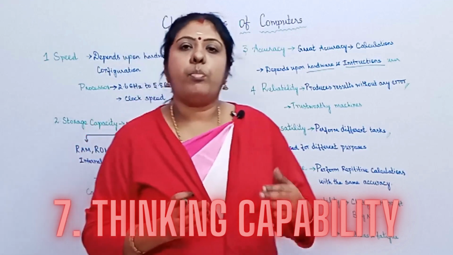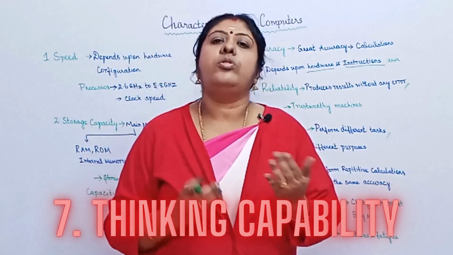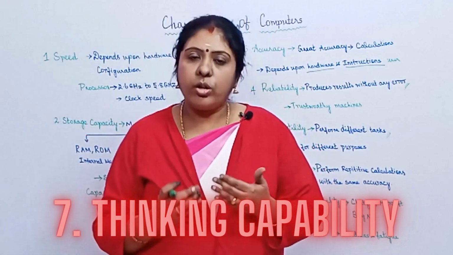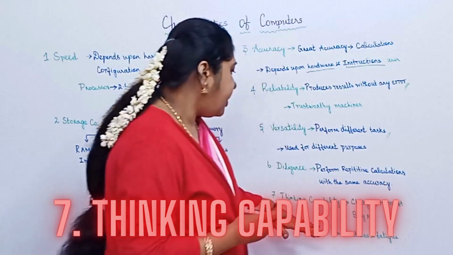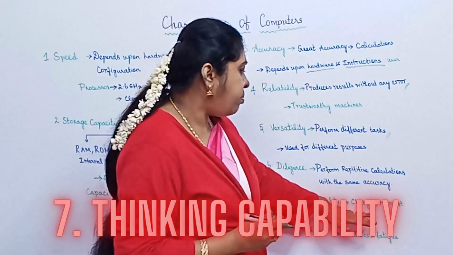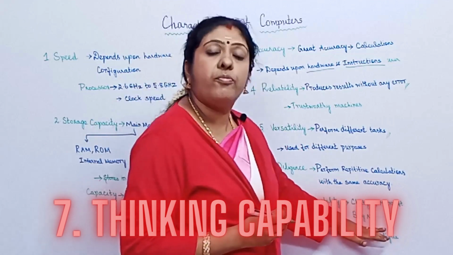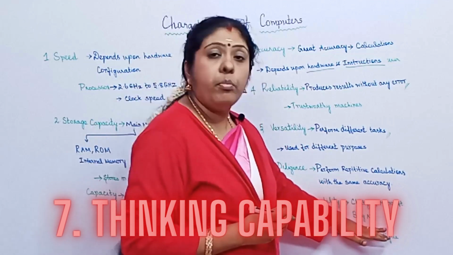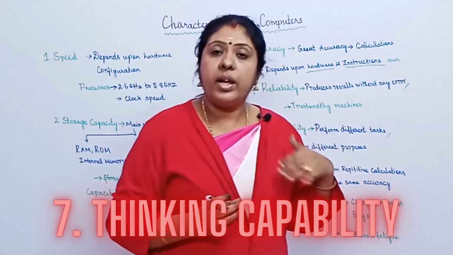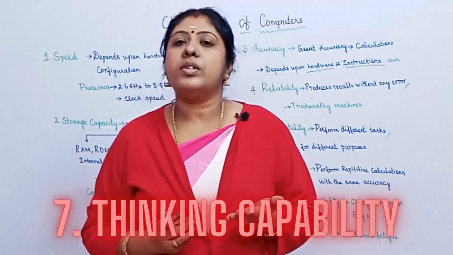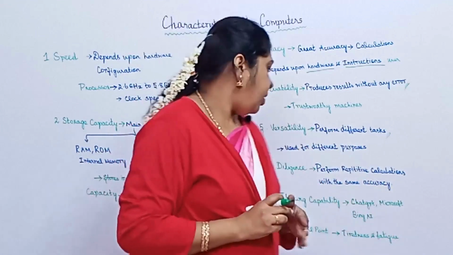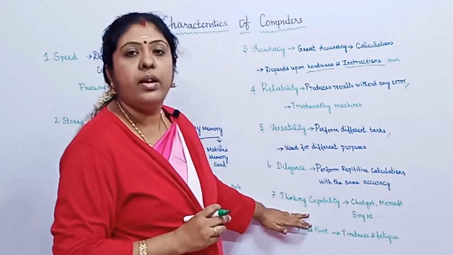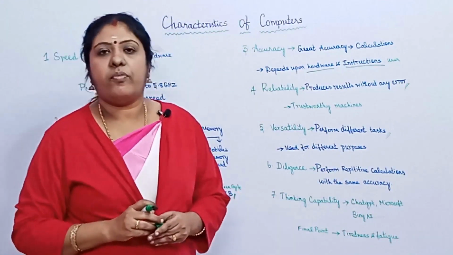That is, computers can think on their own, and they can respond with a human-like answer. Consider the examples: ChatGPT, Microsoft Bing AI. They can respond more than a human and produce results with great accuracy. These are the 7 important characteristics of the computer.